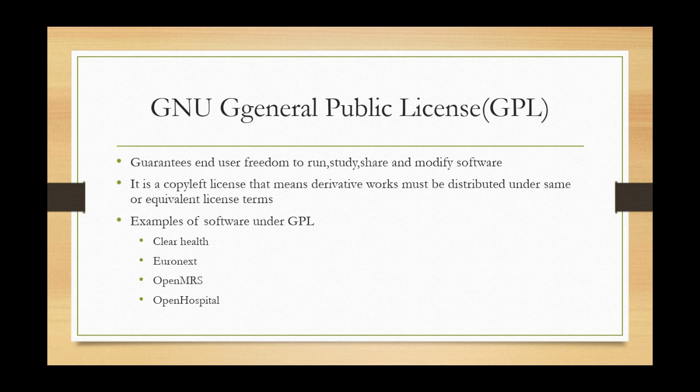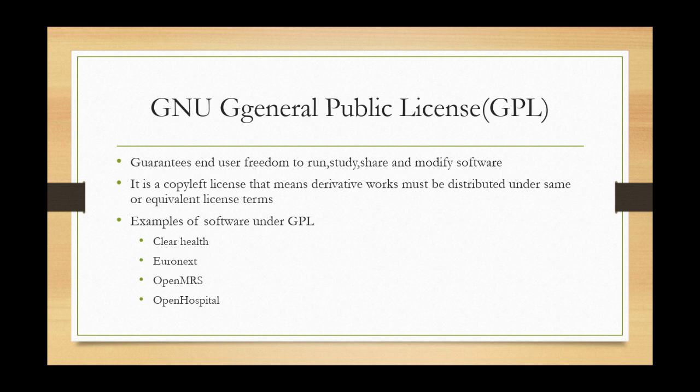GPL is intended to guarantee freedom to share and freedom to change all versions of the program to make sure that it remains free software for all its users. The Free Software Foundation that we talked about in last videos uses the GNU General Public License for almost all their software, and it applies also to any other works that are released in that way.